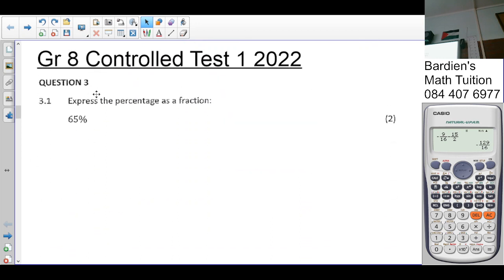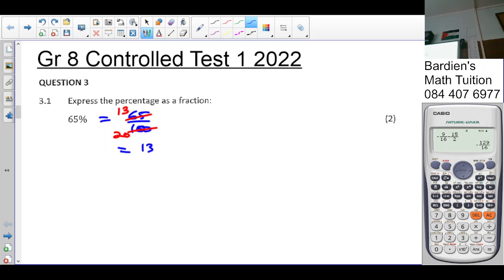Right, question 8. No. Question 3. Express the percentage as a fraction. So 65% is going to be 65 over 100. Now of course 5 goes into here 13 times, whilst 5 goes into here 20 times.